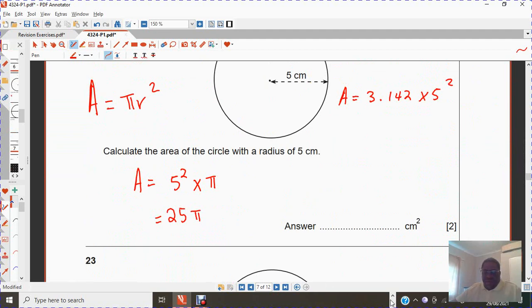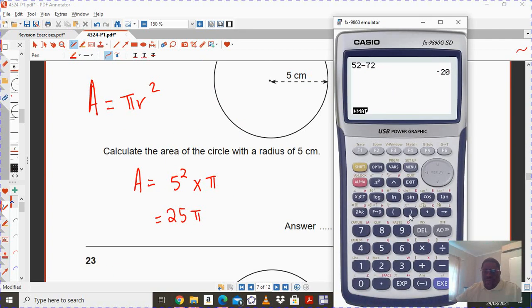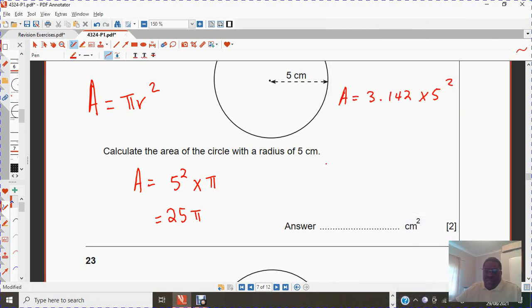So if I take my calculator again, I clear, so I have 25 times pi. Okay, so it's 78.5 to 3 significant figures, square centimeter. All right, so we'll also accept if you were using 3.142, for example, times 5 squared.